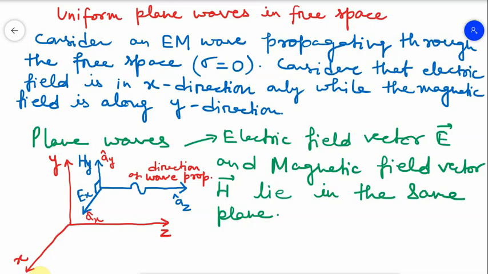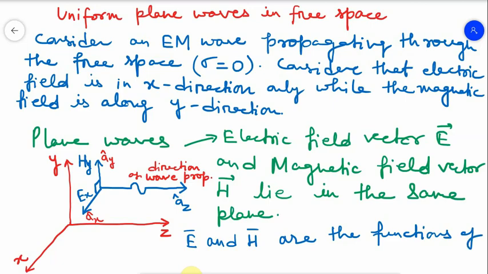But E and H are functions of z and t only, because E is along x direction but the direction of propagation of the wave is along z. So E and H are the functions of z and t only.